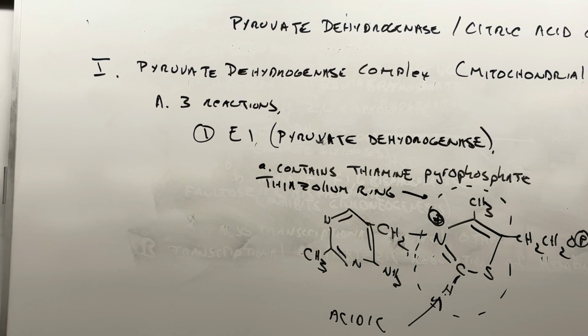So how does this actually work? I'm not going to draw the whole thing, but I'm going to draw the anion.